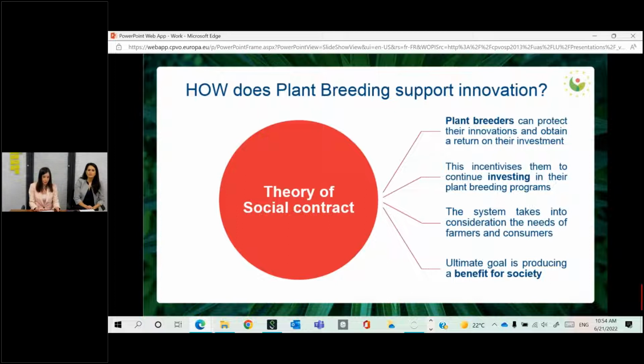So in quantitative terms, this is quite important. And finally, plant variety rights protection represents a compromise to balance the interests of the breeders with the interests of consumers and farmers. And in the end, the final goal is the public interest and the benefit for society.